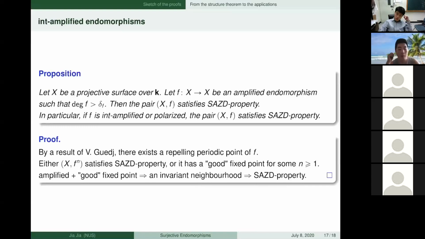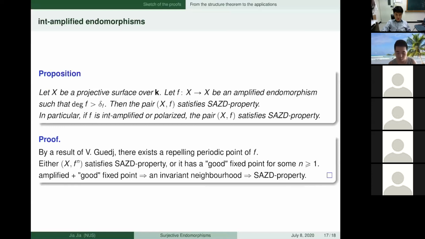By a result of Fakhruddin, if we have an endomorphism whose degree is greater than the first dynamical degree, then there exists a repelling periodic point of this F. In that case, we can show either (X, F^n) satisfies the SAZD property or it has a good fixed point.